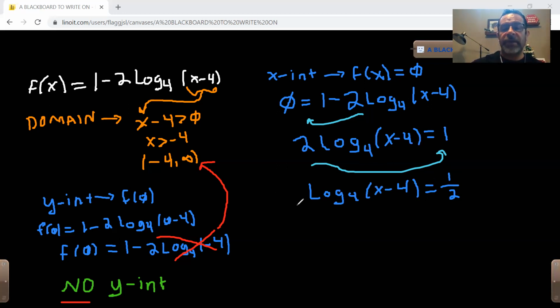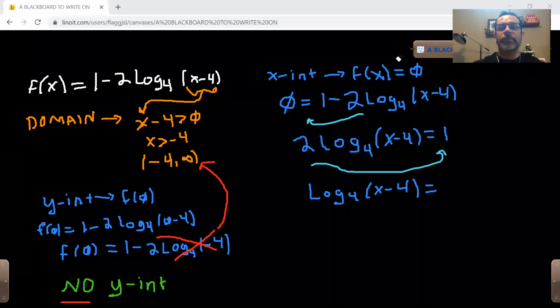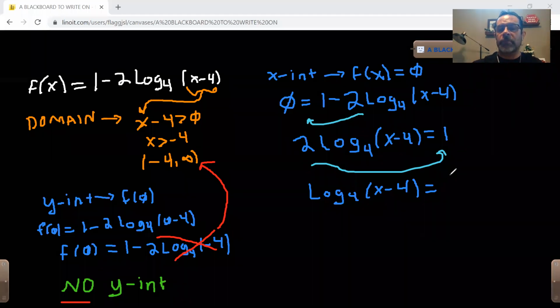So to eliminate the logarithm, I'm going to elevate everything to base 4.